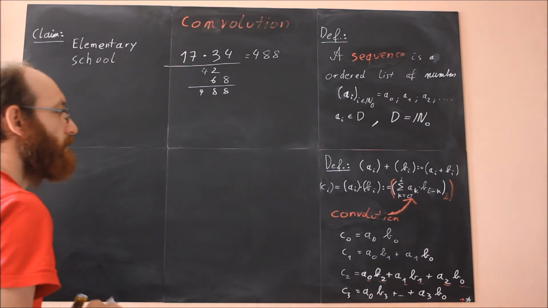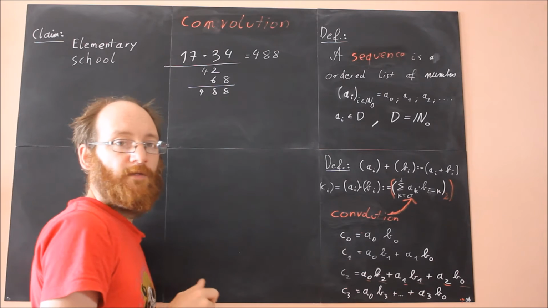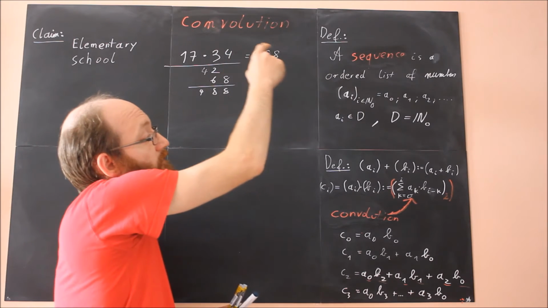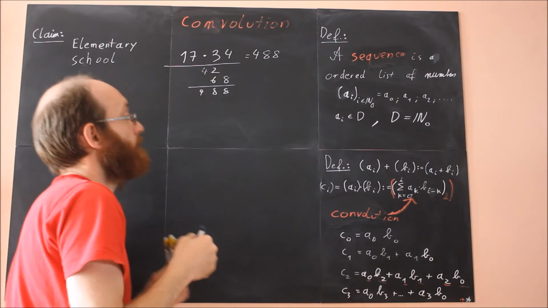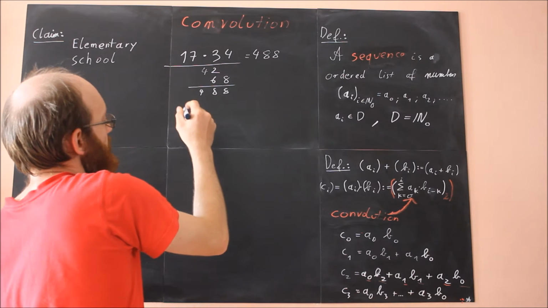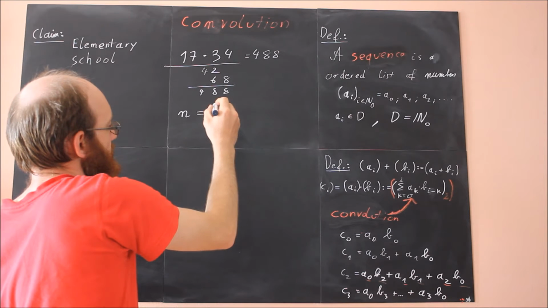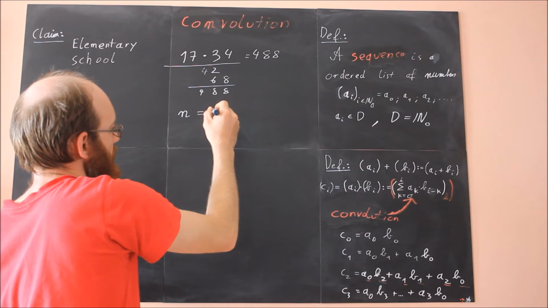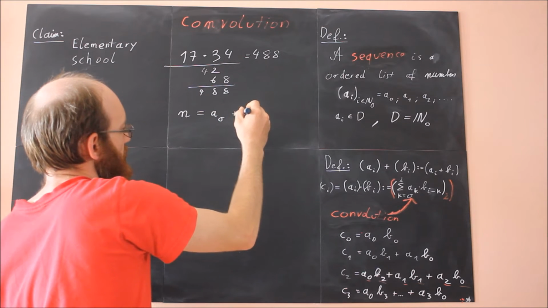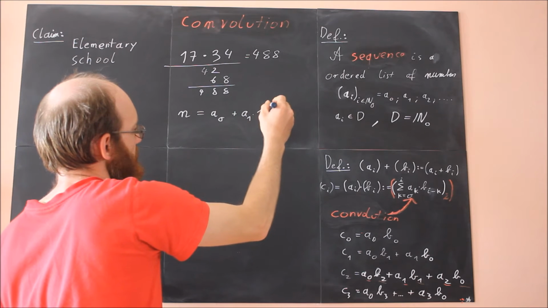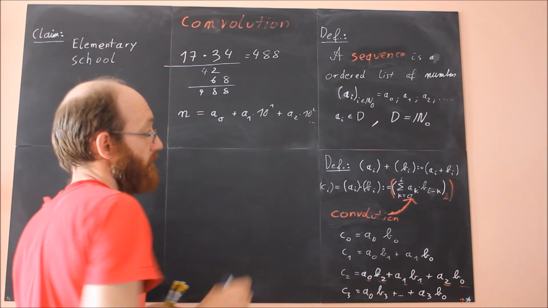And it gets clearer. First we have to make clear that every natural number corresponds to a sequence in a certain sense. And as you know, we can write a natural number as a sum of powers of 10 and so on.